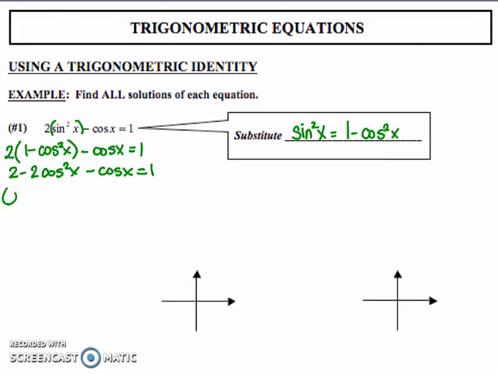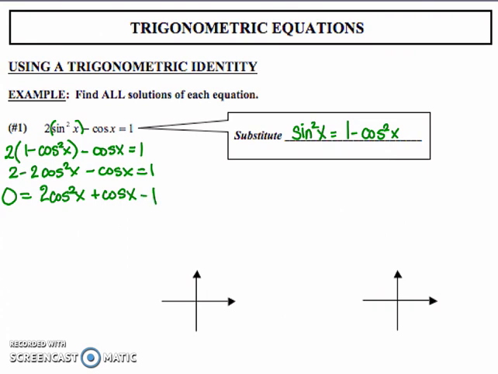I always like my a term to be positive, so essentially I'm moving all the terms on the left side over to the right side with the 1. So 2 cosine squared x plus cosine x minus 1, and that's equal to 0.